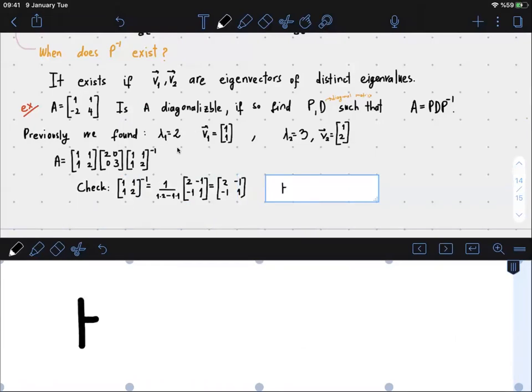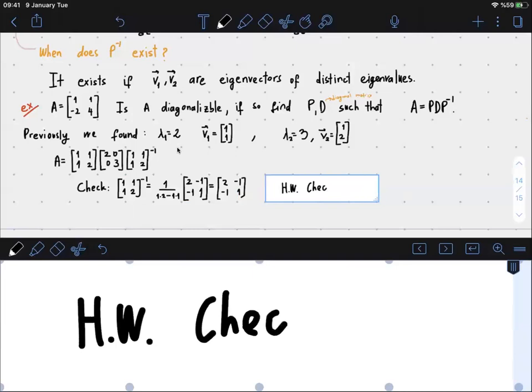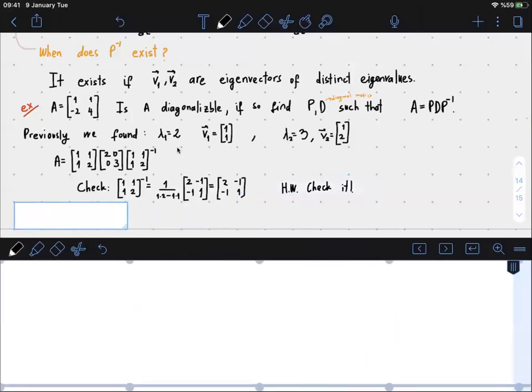So homework: check this. Here there's an important relationship between linearly independent vectors and this topic.